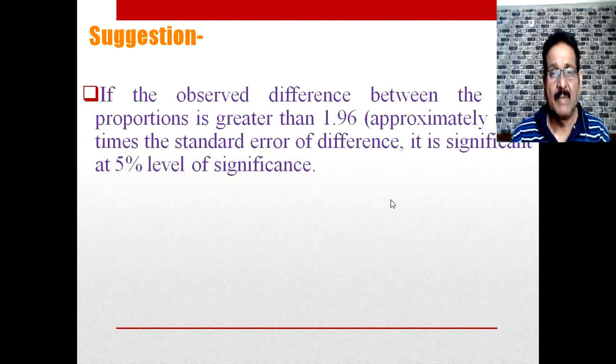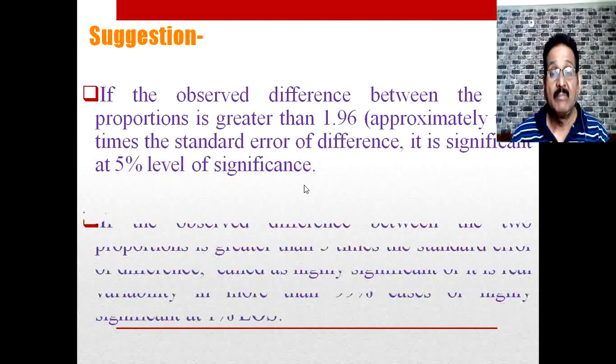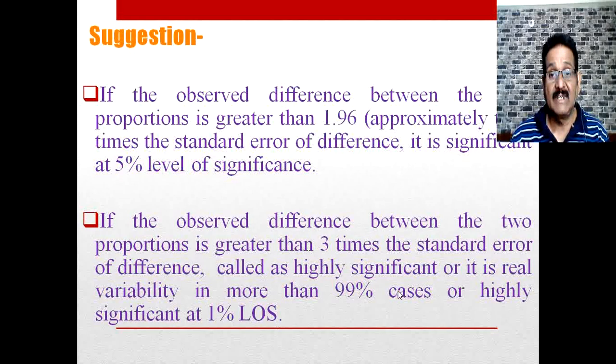There are two methods to conclude it. First, if the observed difference between the two proportions is greater than 1.96 times the standard error, it is significant at the 5% level of significance. But if the difference is found to be 3 times the standard error, it is known as highly significant, or real variability, in more than 99% of cases.